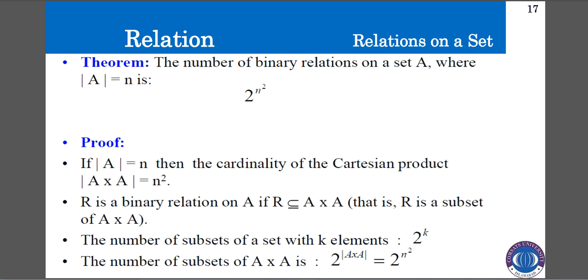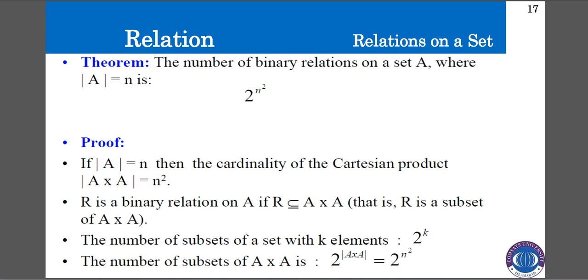Dear student, next we discuss the theorem in which the number of binary relations on a set A having n elements is given by 2 to the power n squared. If the number of elements of set A is n, then the cardinality of the Cartesian product A cross A will be n squared.